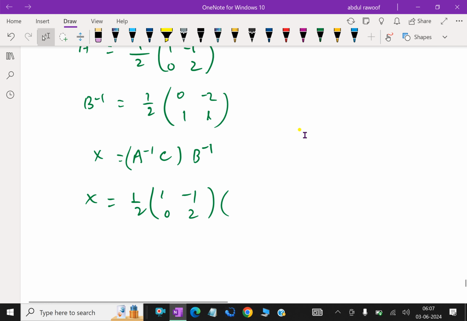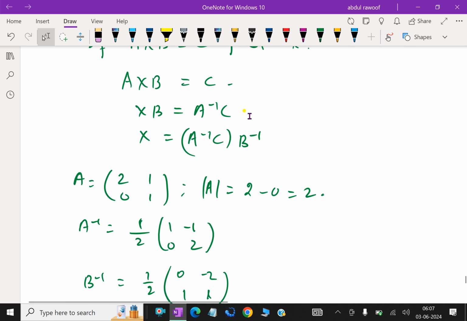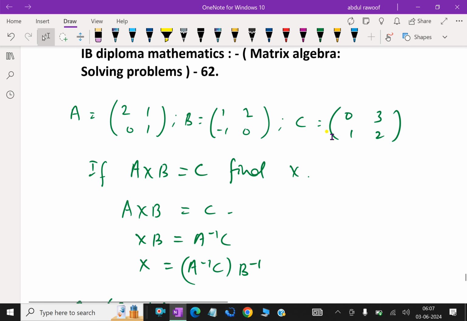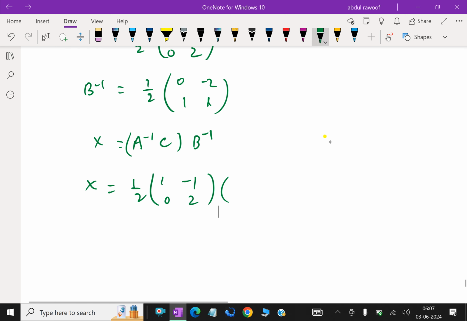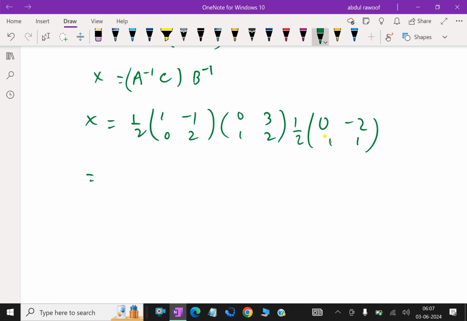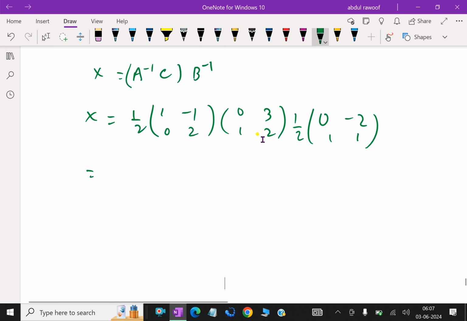And C is [0 3; 1 2]. And B inverse is half [0 -2; 1 1]. Now the constant multiplication, half and half, we take out as 1 by 4.